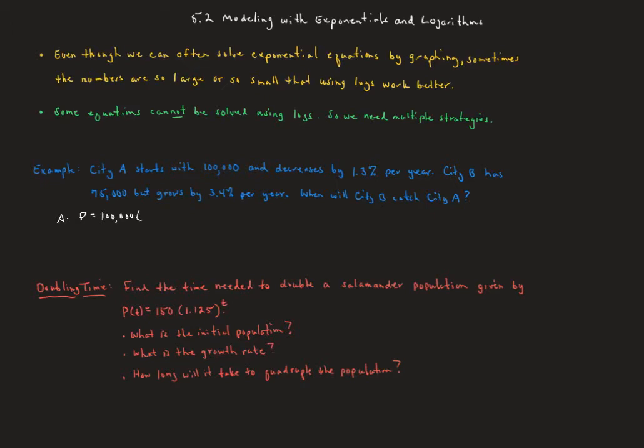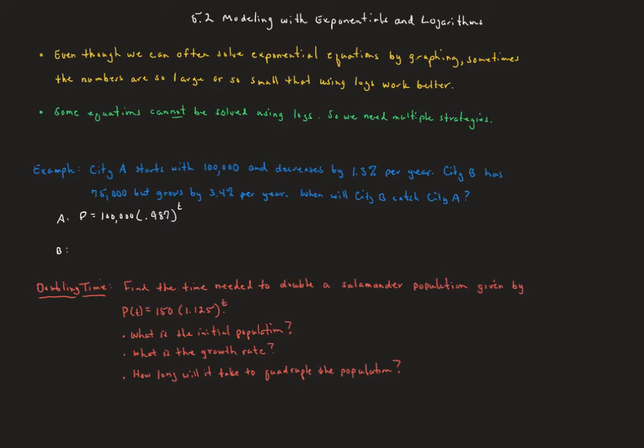Since it is decreasing, that's 1 minus r, where r is 0.013, so that's going to be 0.987 to the t power.